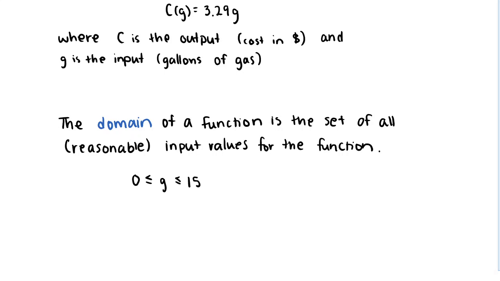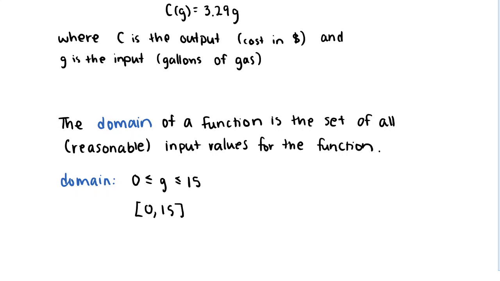So this is the domain for this function. And we've talked about interval notation, so we can also write this as bracket 0, comma 15, close bracket. This is any number between 0 and 15, and we can ask, what does it cost to fill up this much gas into the tank?